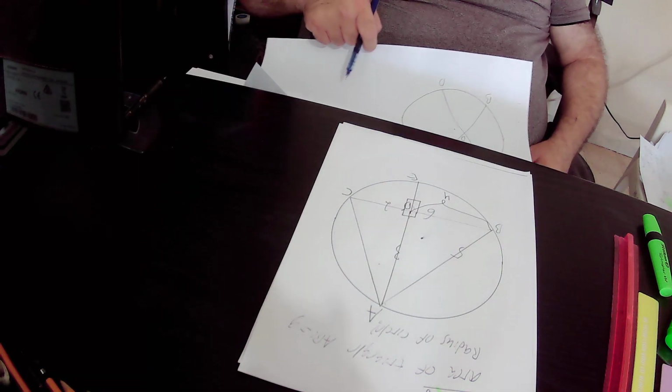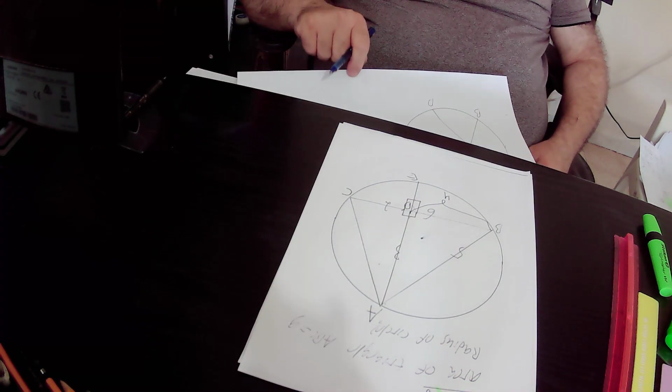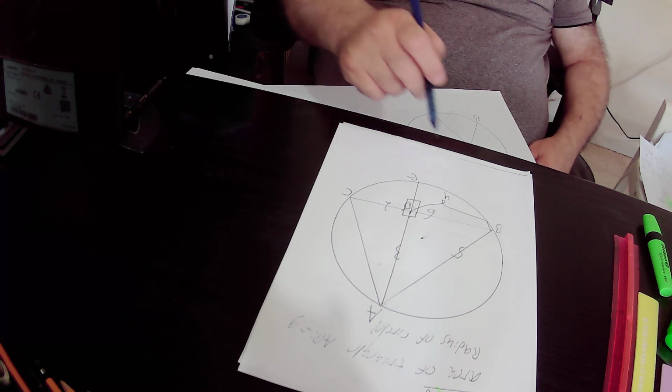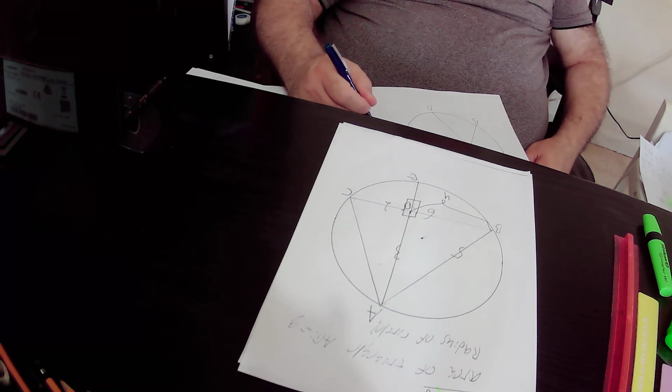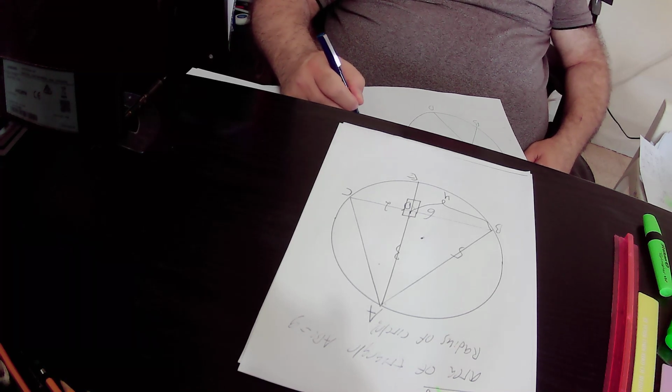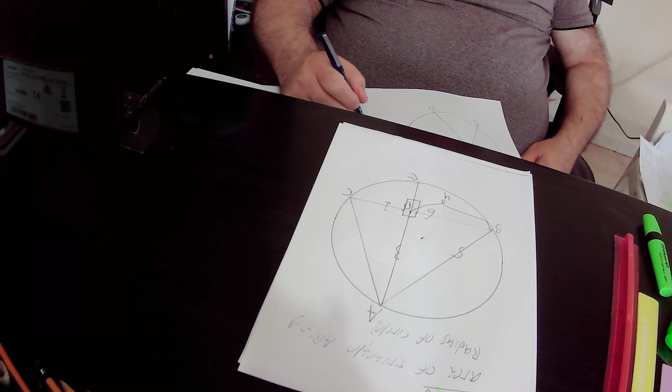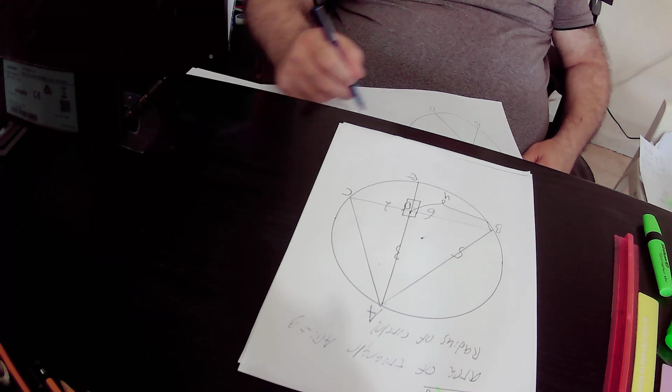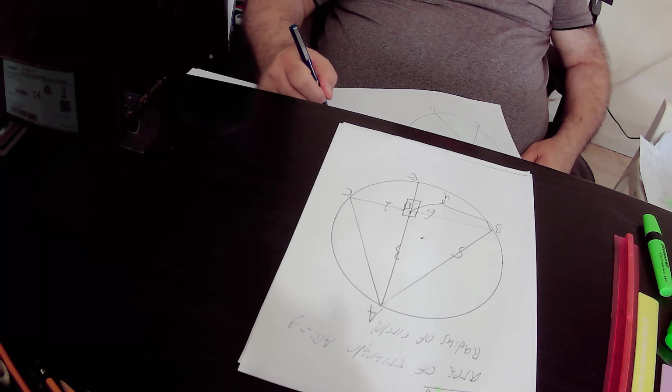So here, BD equals 4, DC equals 2, and it is equal to AD, which is 3, times DE, the missing segment.